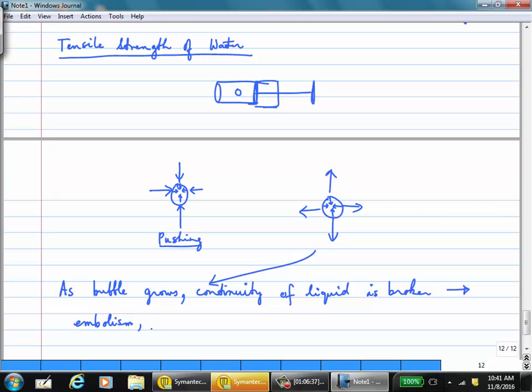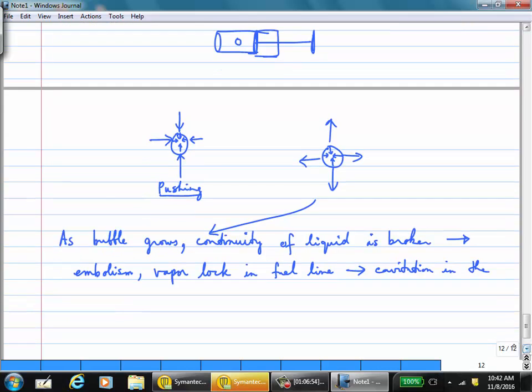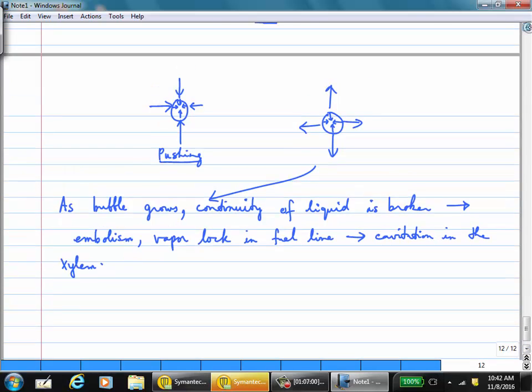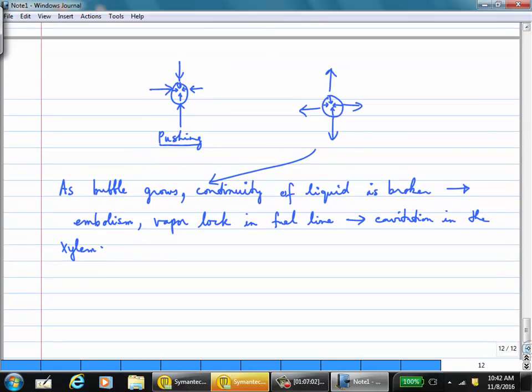This is vapor lock in a fuel line. And in the case of plants, it can cause cavitation in the xylem. Okay, any questions?